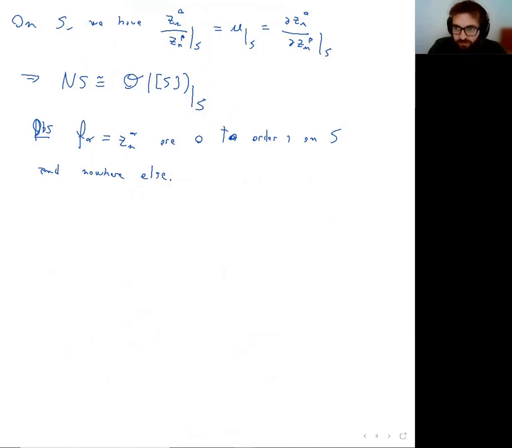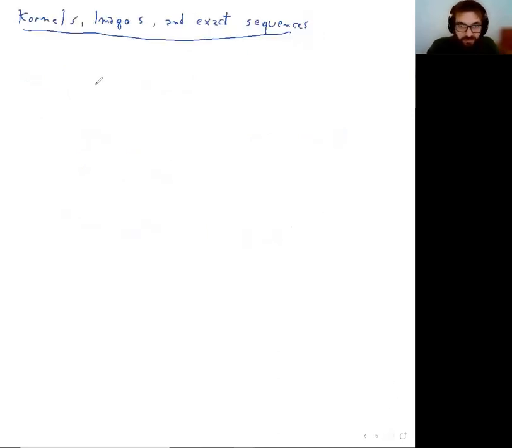So what we defined as O_S is the algebraic geometer's inverse, the dual of this. Instead of taking Zn alpha over Zn beta, I take Zn beta over Zn alpha. It's just inverting. A small disclaimer, in case you see it somewhere else.